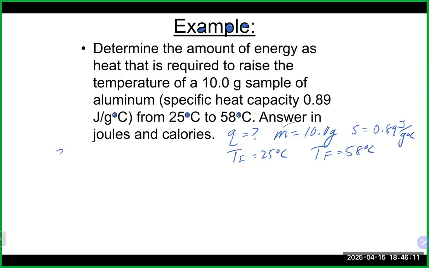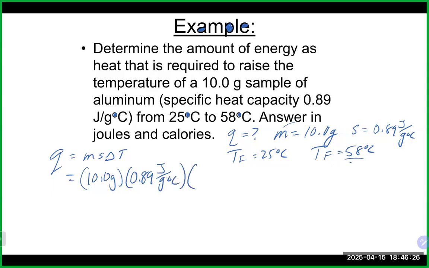So using our equation, Q is equal to m s delta T. Just got to plug in. We're going to go 10 grams times our 0.89 joules per gram per degree Celsius, times the final temperature minus initial.